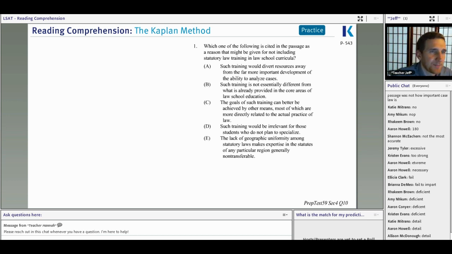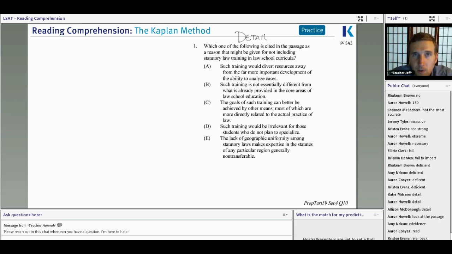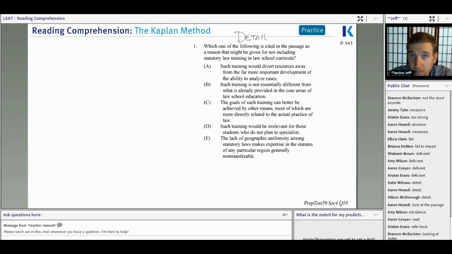Yeah, this is detail. This is "which of the following is cited in the passage." Okay, if this is a detail question, how should you be approaching it? What do we say about these? Generally speaking, you're going to want to go back and read, right?